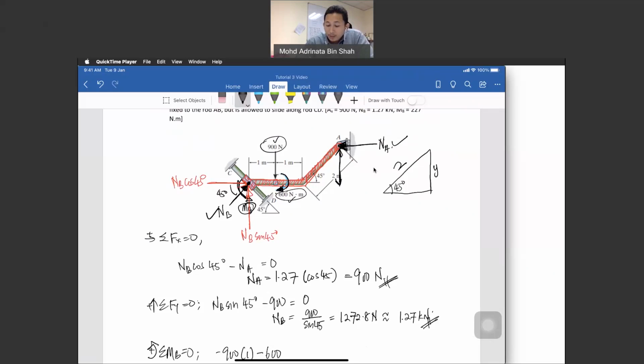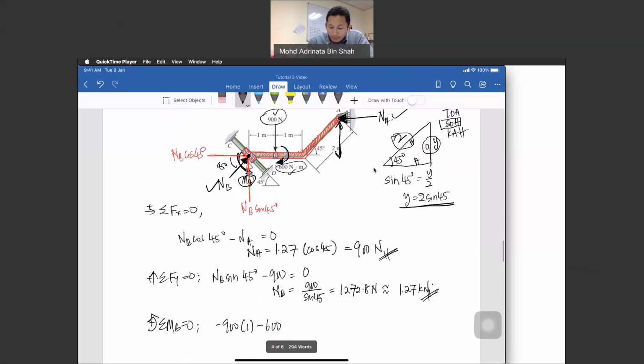So y equals like this. We have opposite, adjacent, and hypotenuse, so we have O and H. So this should be the equation sine 45 equals y over 2. y equals 2 sine 45. So this is the distance for the moment.